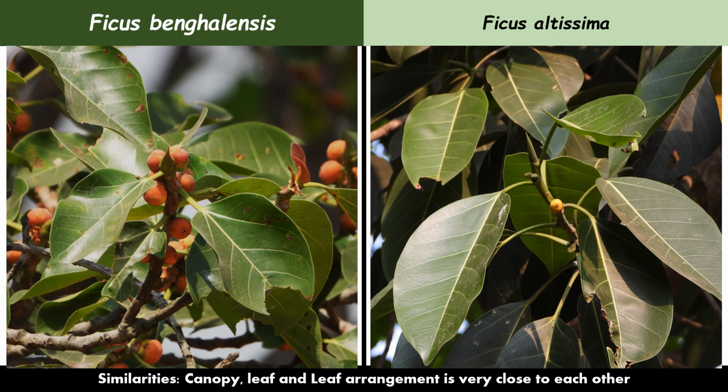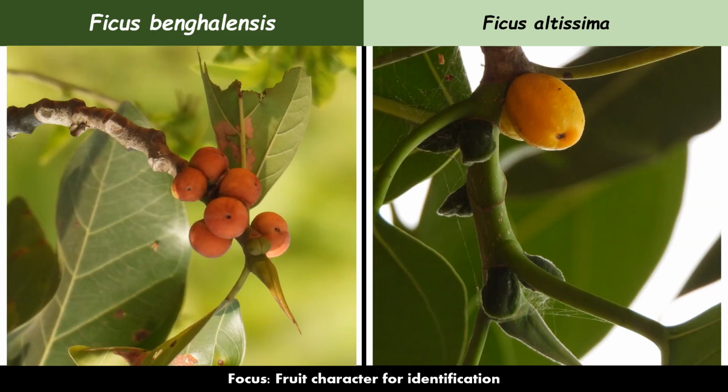This is Ficus bengalensis and Ficus altissima. If you have not observed the fruit, you may misidentify Ficus altissima as Ficus bengalensis. Ficus bengalensis is the very common banyan tree, but Ficus altissima is not a common ficus or fig species. You can observe the fruit character.